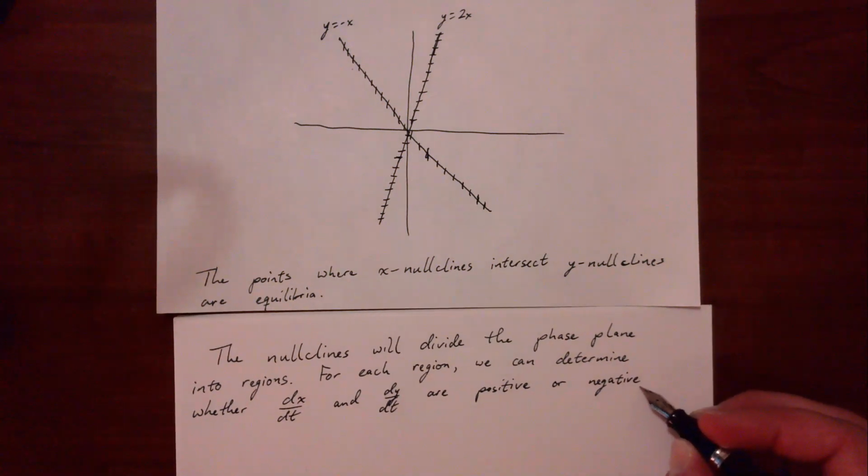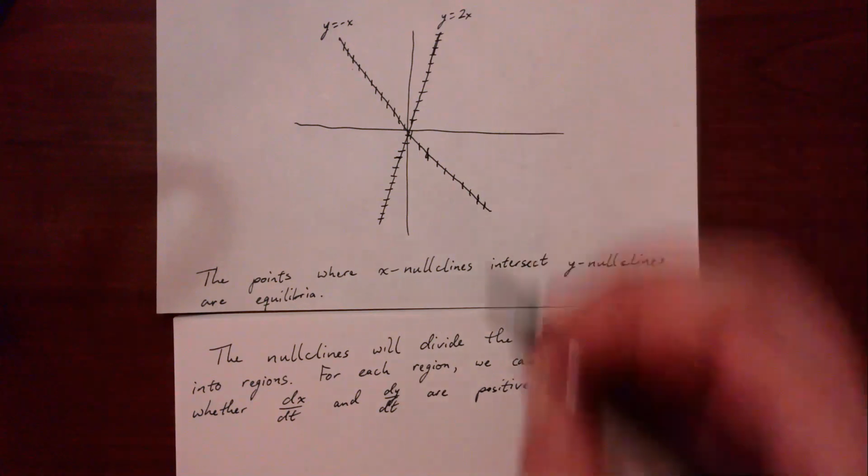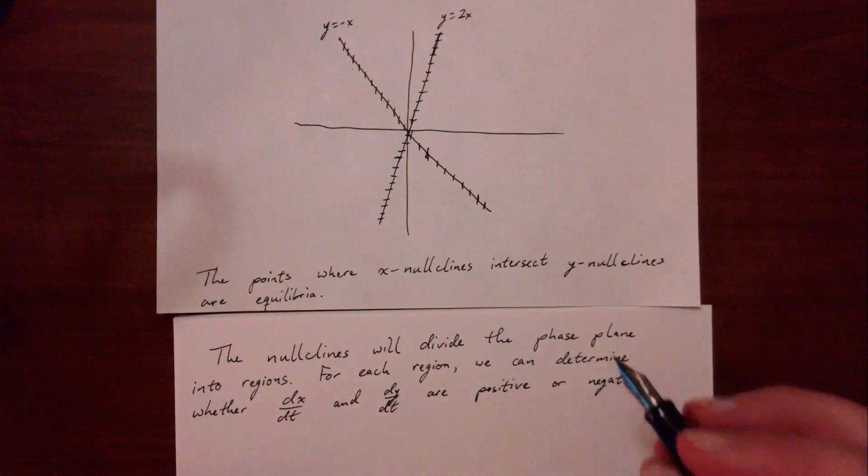And then once we have determined that, that will tell us the direction that a solution curve or a trajectory would move while it was in that region.